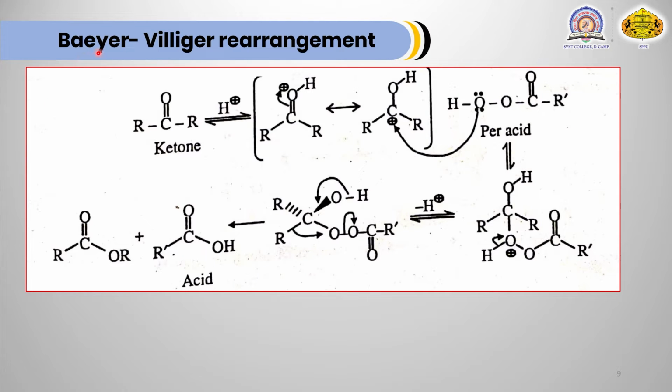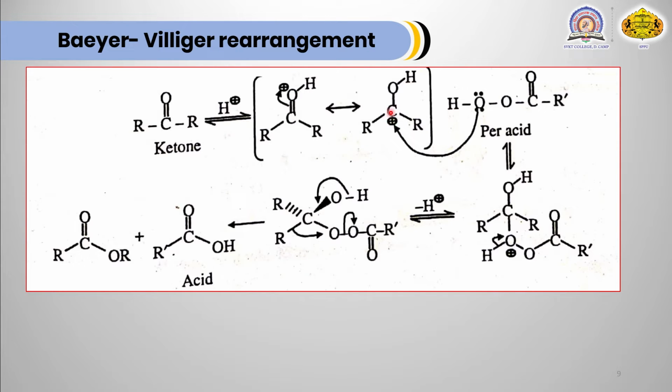Let's see the mechanism of Baeyer-Villiger oxidation reaction. This is the ketone molecule. Ketone on treatment with acid: we know that oxygen carries an electron pair. That's why protonation of this oxygen takes place, and an OH positive group is formed. This bonding pair of electrons can be shifted onto this oxygen. Now, this is the resonance structure of this structure.